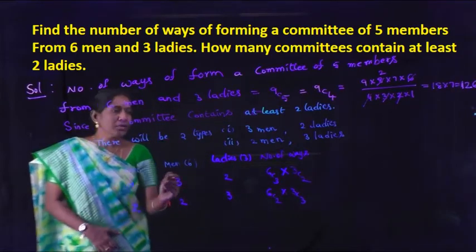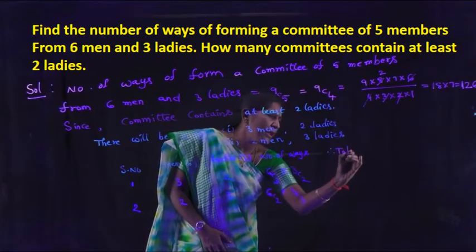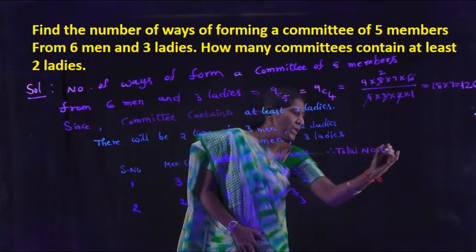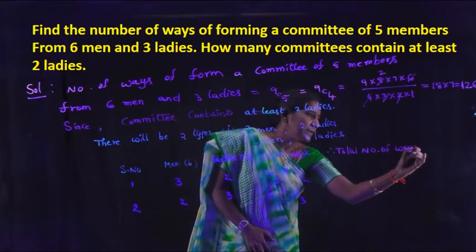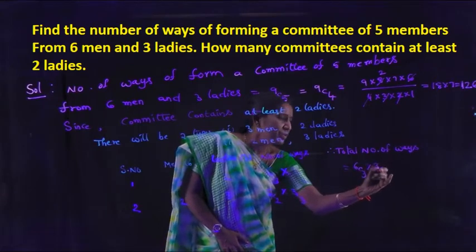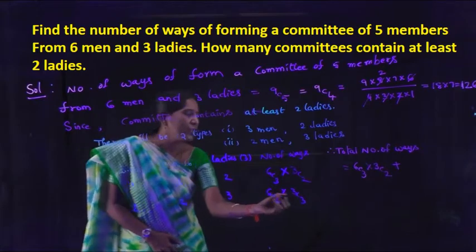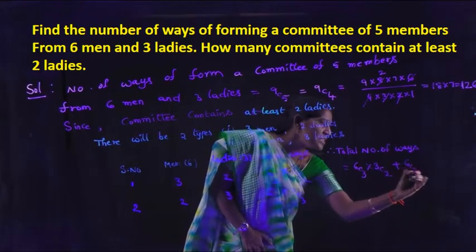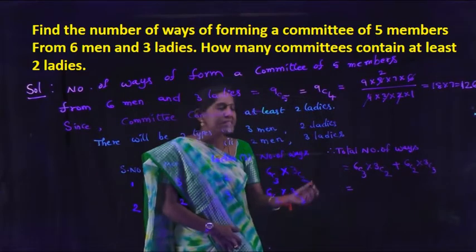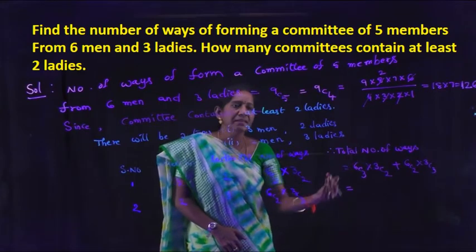Therefore, the total number of ways is equal to 6C3 into 3C2 plus 6C2 into 3C3.